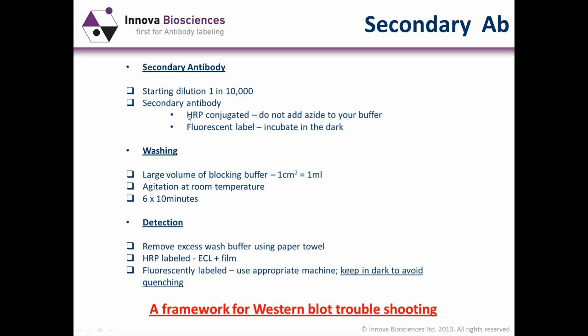Make sure that if you're going to use HRP, you use it for ECL detection. If you're going to use a fluorescent label, you use it for detection in some kind of gel documentation system. And generally, once you've added your secondary antibody, I would recommend incubating at room temperature for 1 hour.